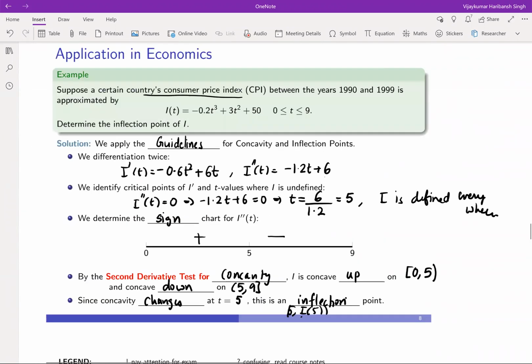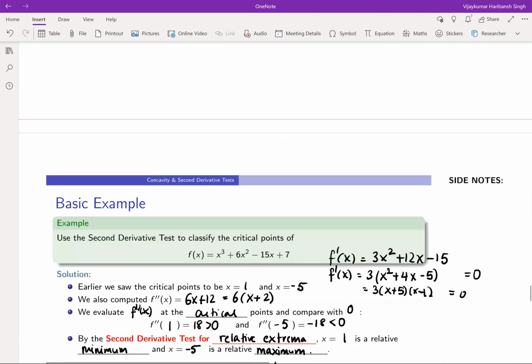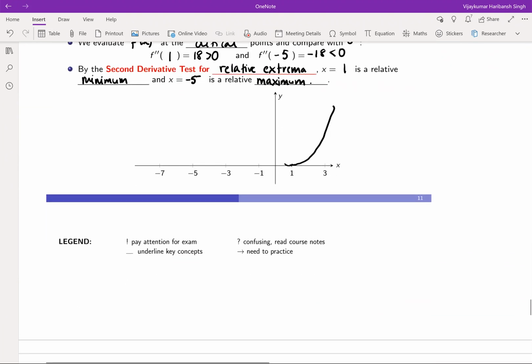Oh, sorry, this is a different function, right? So the concavity changes at some point here, and this is how at minus 5 you have a relative maximum, and then it basically goes down like that. We'll be able to draw the graph of this very soon, particularly when we go on to the next part of the lecture, which is about curve sketching.